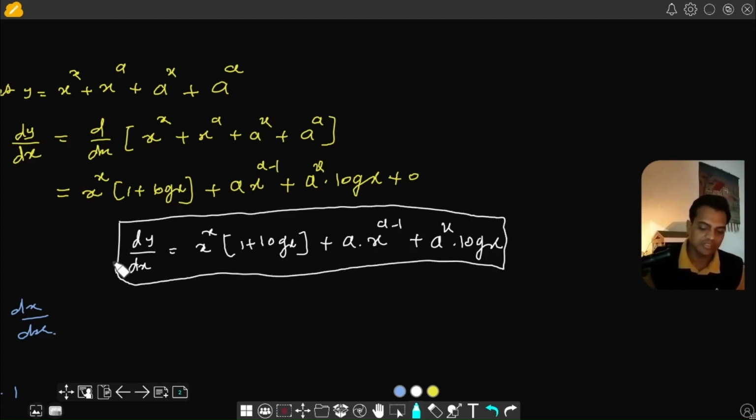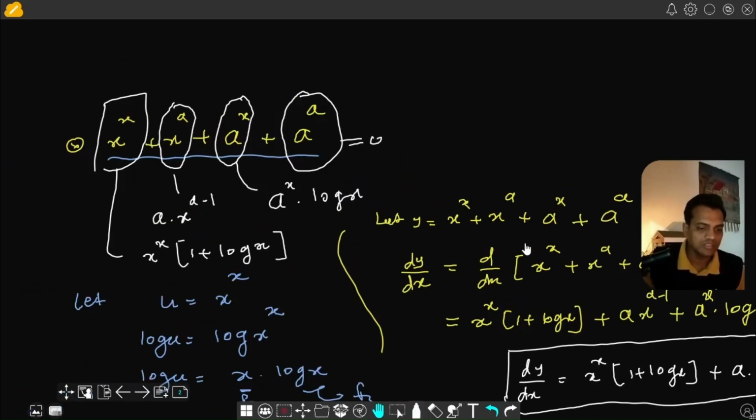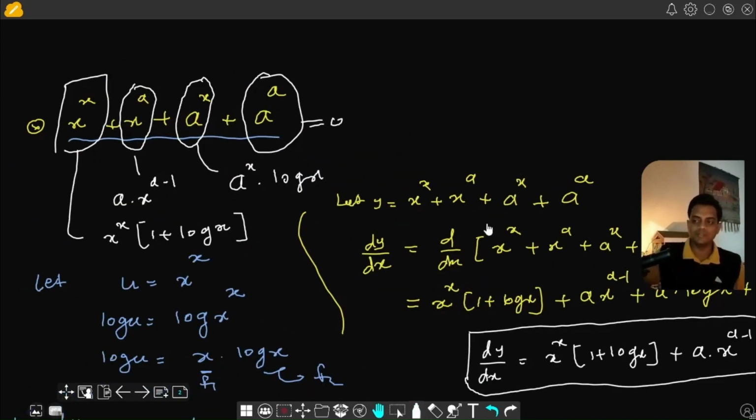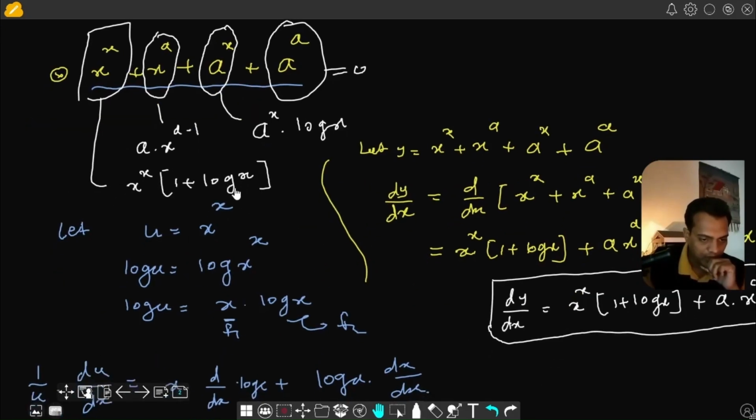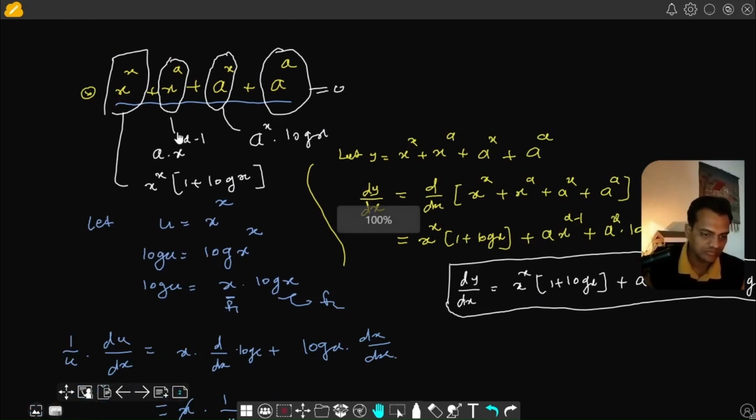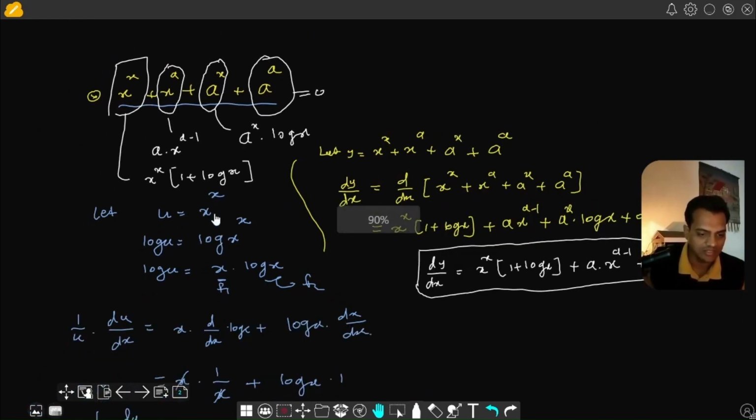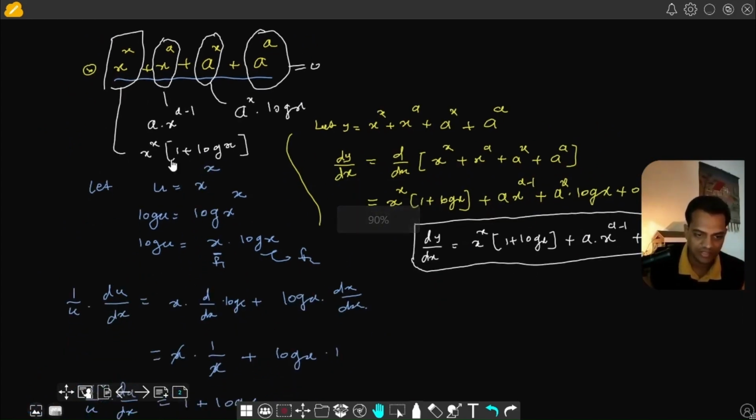Okay, so the simple trick in this type of expression is that whenever there is a composite function, take that particular term outside. Here in this expression x raised to x is the composite function, so we have taken it outside.